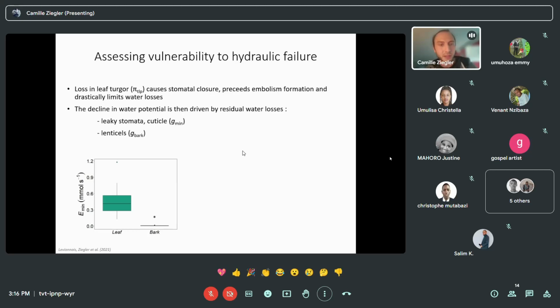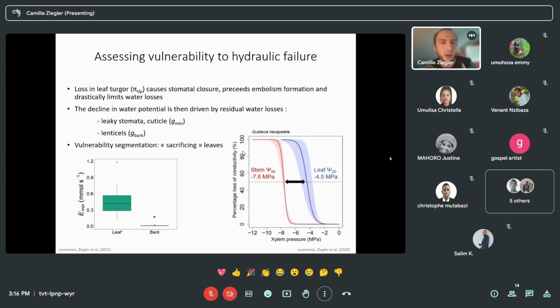So why is this important? Well, you may know that some trees lose their leaves during the dry season, for instance. This is through a mechanism that we call vulnerability segmentation. Basically, it's when leaves are more vulnerable to embolism than the stem. For example, on the right here, you see a vulnerability curve for a leaf in blue and for a stem in red.